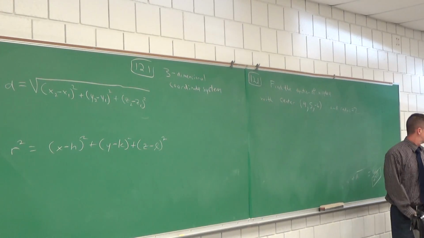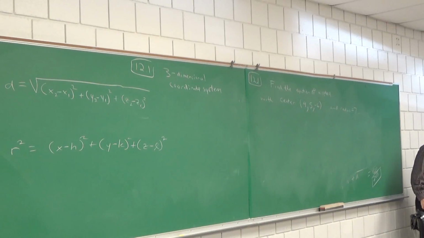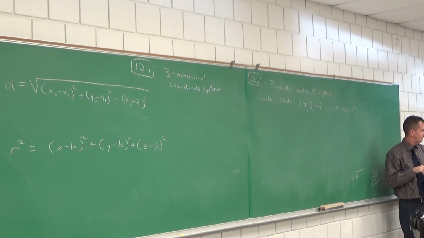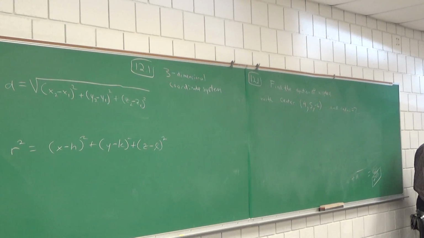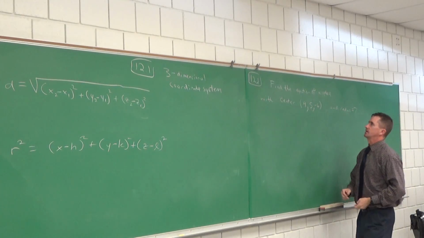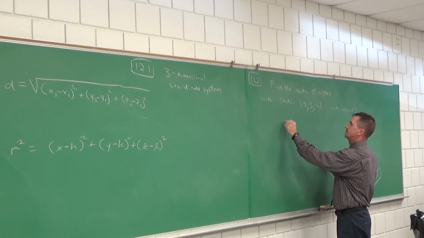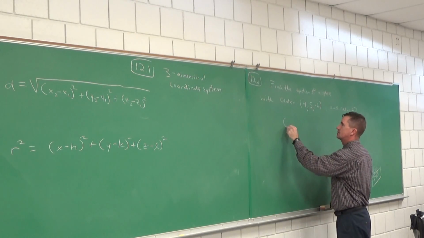Set this up. You find the equation of a sphere. The center's 4, 5 now. Okay, we'll plug it all in there. Let's see what we get. All right, here we go. No square root, right?